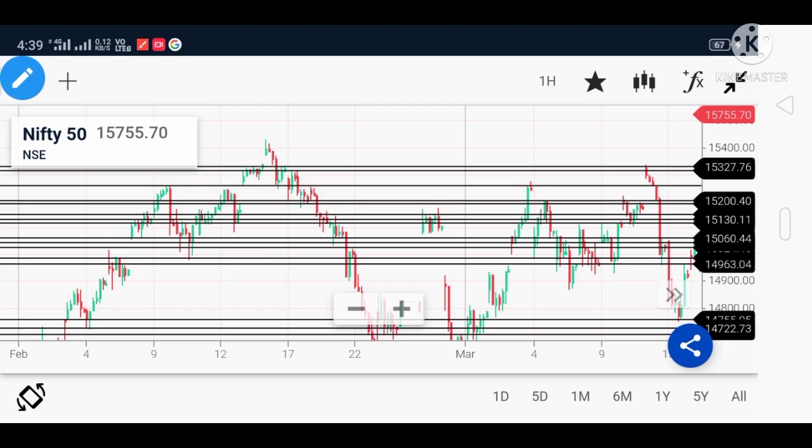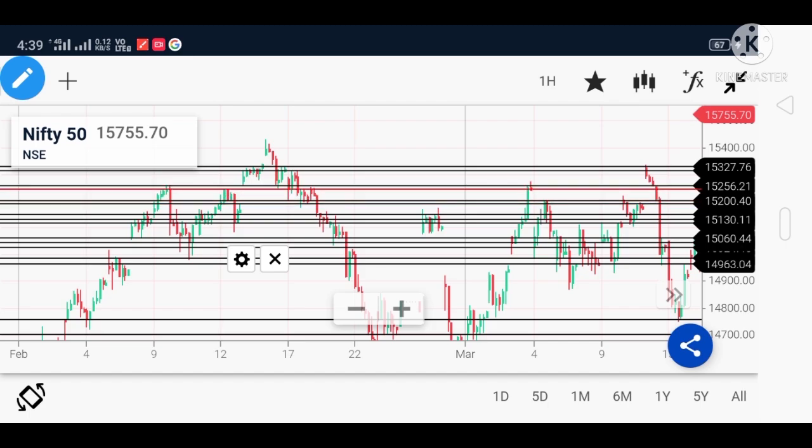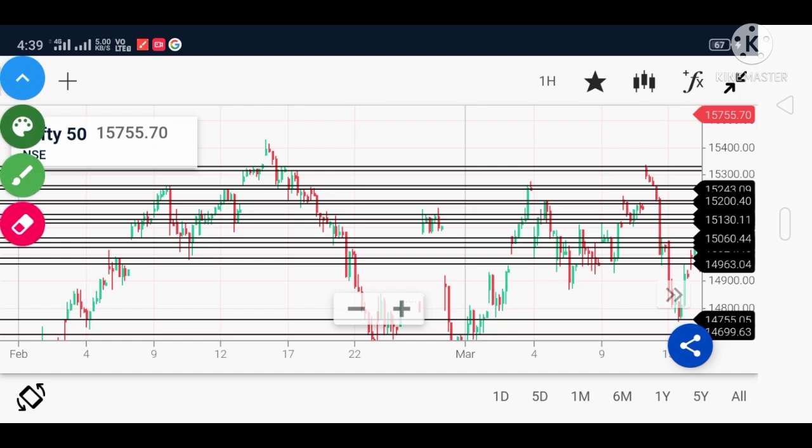So if we find 2, then we will mark that also. Here we can find 2, so we have marked it. Okay, now closer to that we can see one more, and I have marked it too.